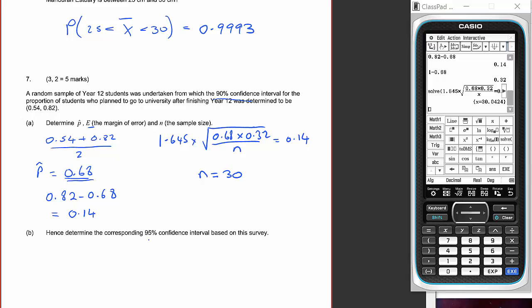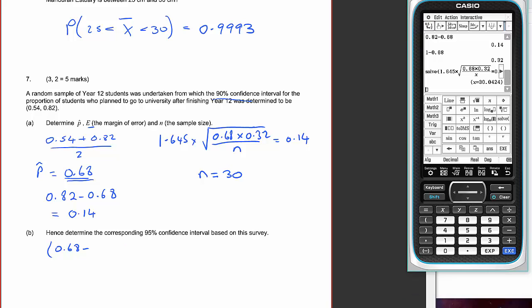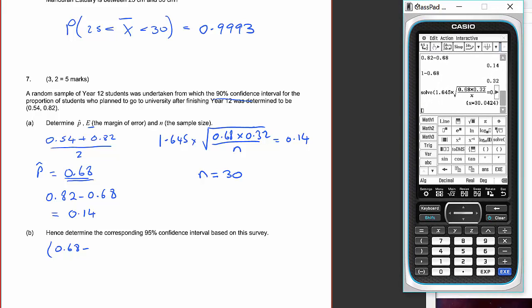And now we want a 95% confidence interval based on the same survey. So we're going to have 0.68 take away the 95% z-score value. Let's just go back up here, 0.95, and that's let's call it 1.96.